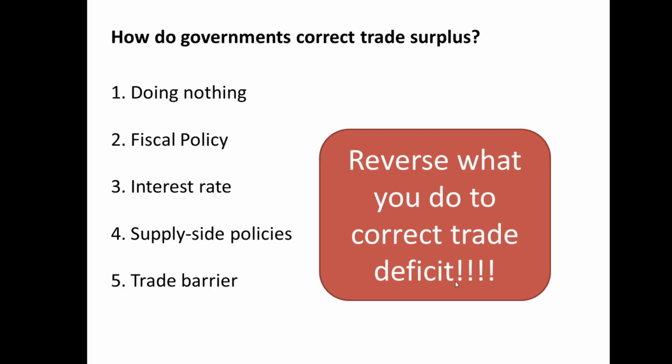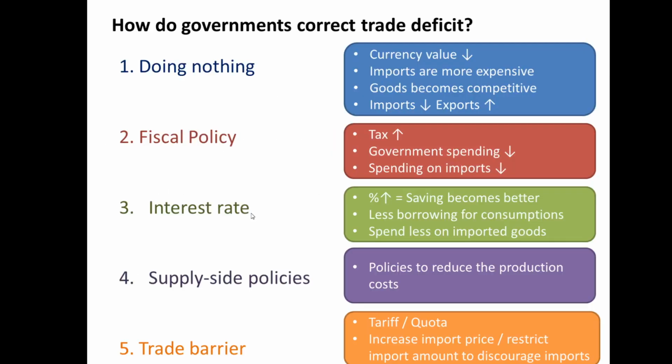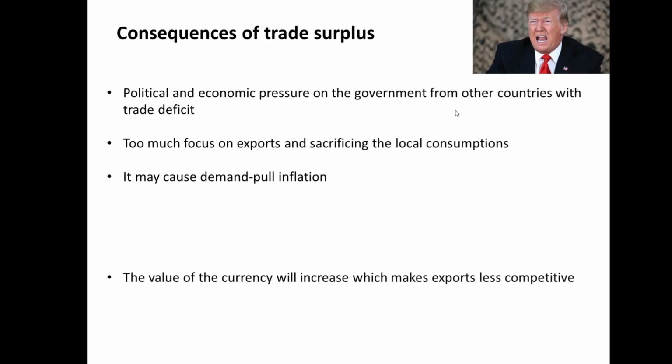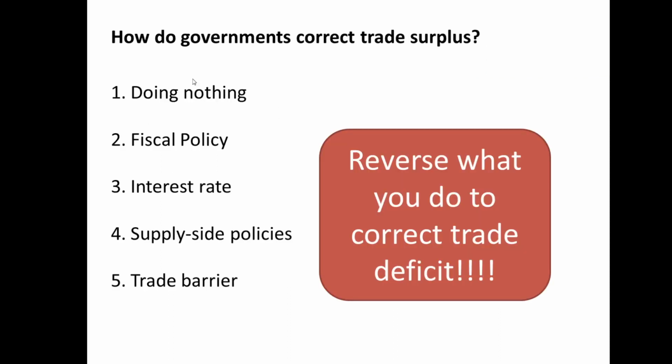Everything that you do to reduce trade deficit, you are going to turn upside down. If you can do that, then you are correcting trade surplus.